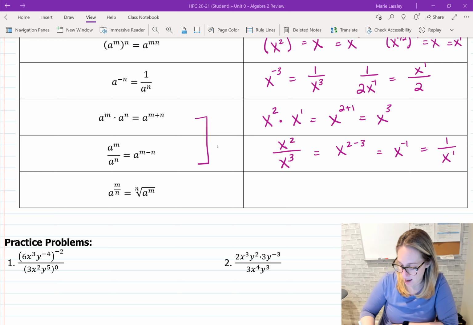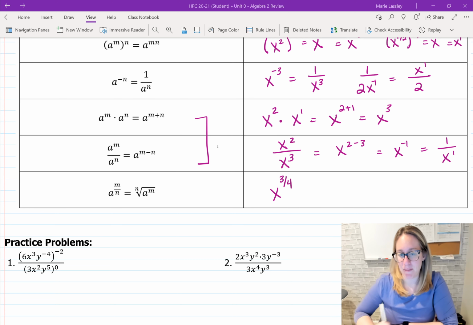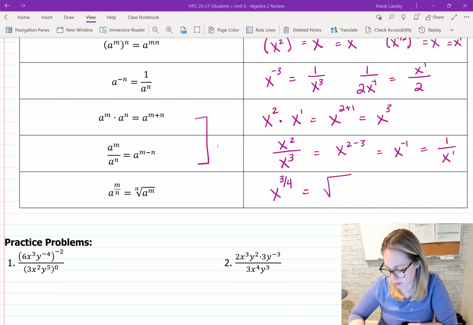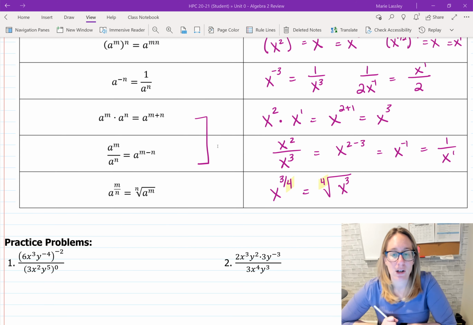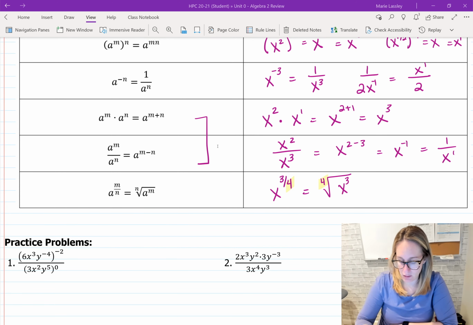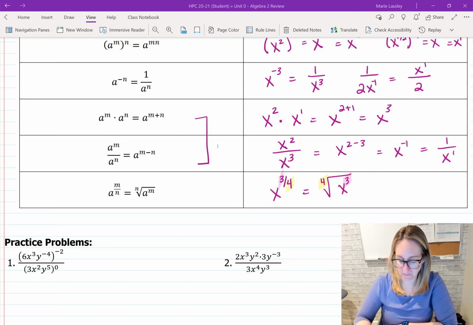If you had x to the power of 3/4, for instance, that would be the same as having the fourth root of x cubed. The main idea is the number on the bottom goes to the outside of our radical, and the number on the top of the fraction stays with our variable and goes underneath the radical. You just have to remember where each piece goes.